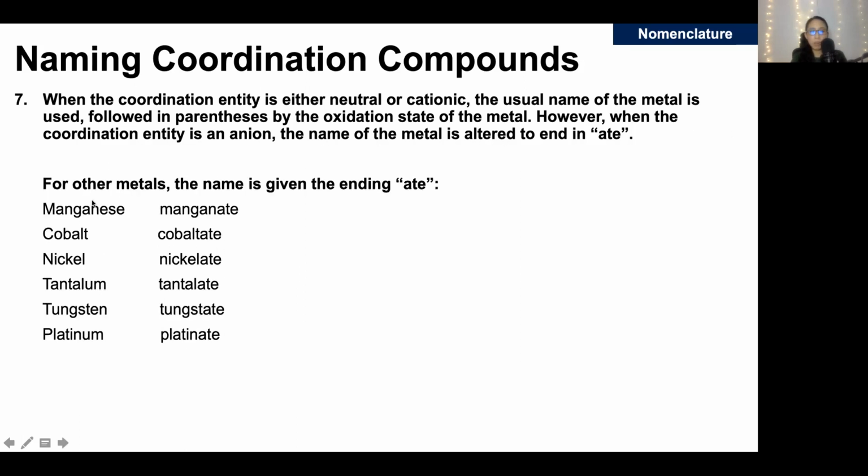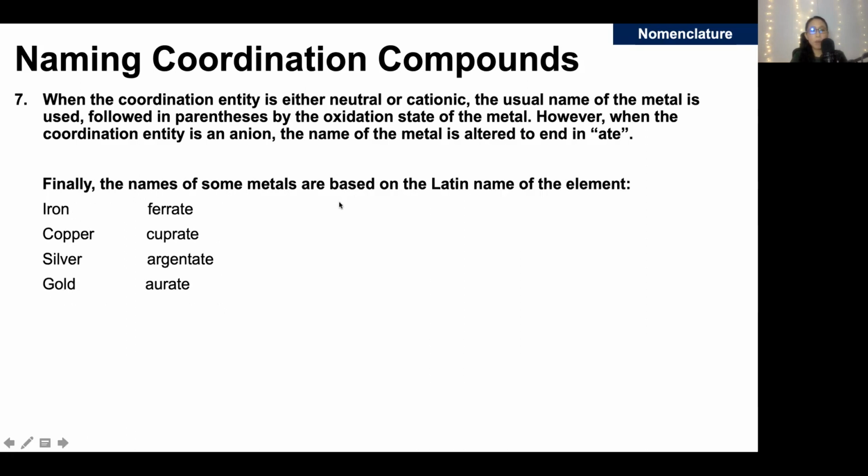But some other metals, especially those that do not end in ium, you still transform their ending to ate. So manganese, manganate, cobalt, cobaltate, nickel, nickelate, tantalum, tantalate, tungsten, tungstate, platinum, platinate. While for some metals, their old Latin names are used. So for iron, we don't say ironate, but we say ferrate. For copper, we don't say copperate, but we say cuprate.